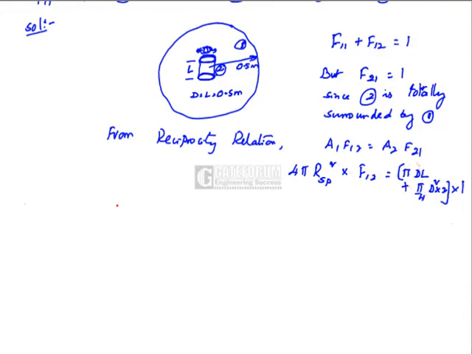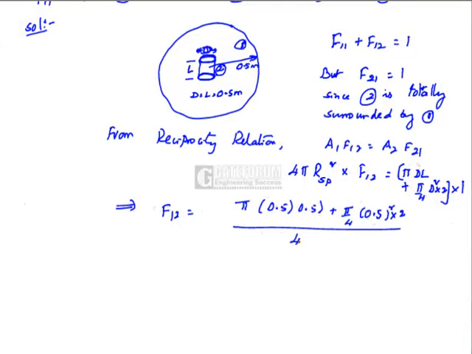That is 1. Implies F12 is equal to pi into, what is d into L? D is 0.5, L is also 0.5, plus pi by 4 d square, d is 0.5 whole square, into 2, whole divided by 4 pi. What is the radius of the sphere? Half of 1, that is. So we will get F12 here.